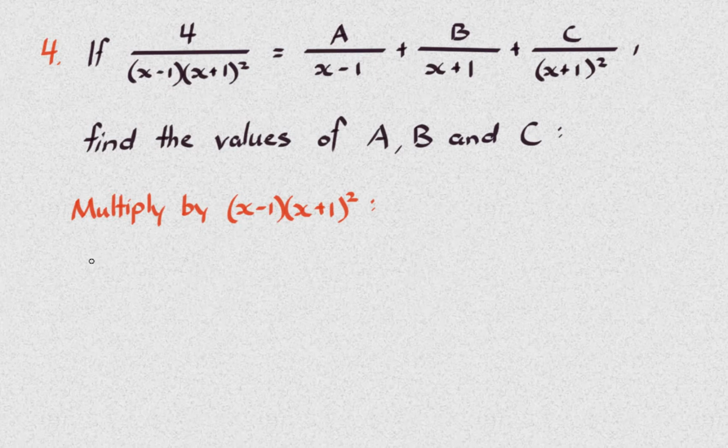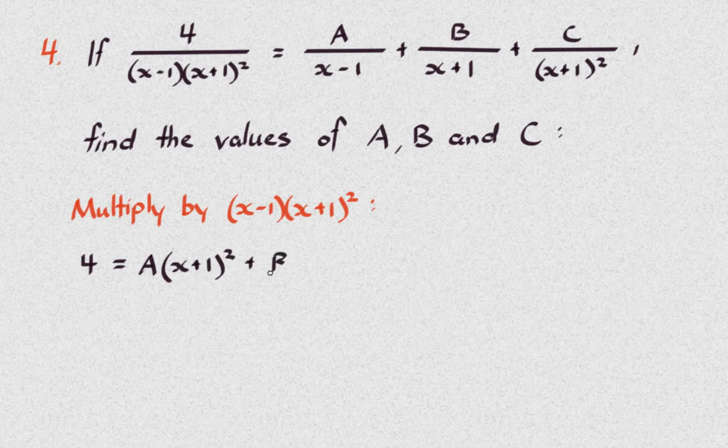So on the left hand side we simply get the numerator 4, and let's go through fraction by fraction. So we will have a multiplied by, now the x minus 1 will cancel with this x minus 1, and so we just have x plus 1 all squared.